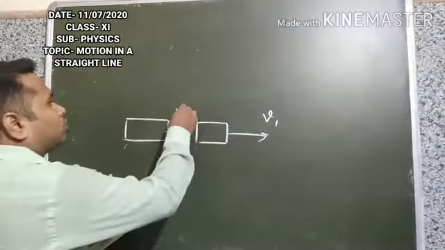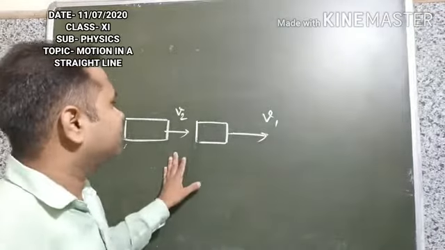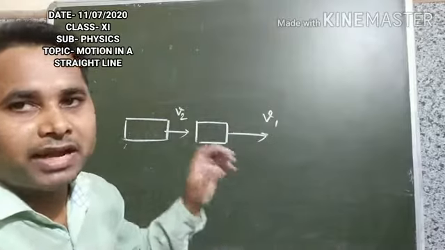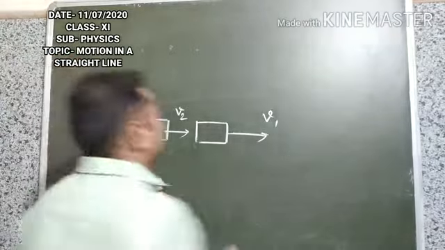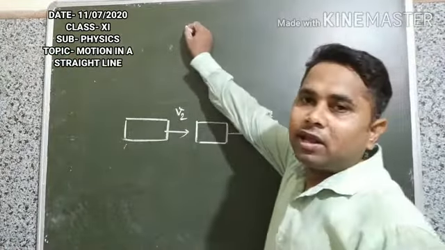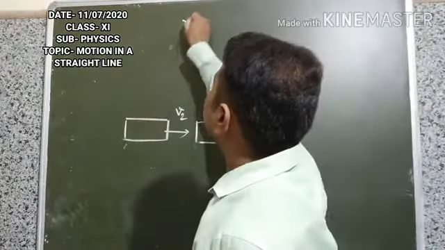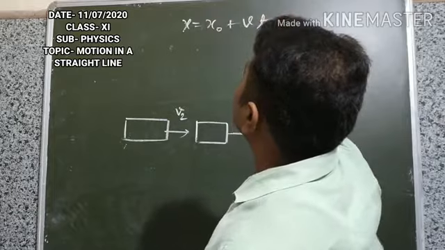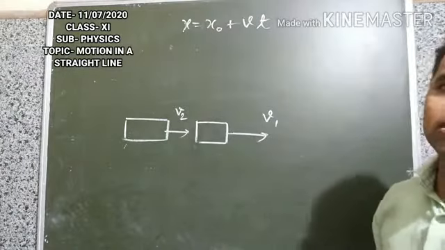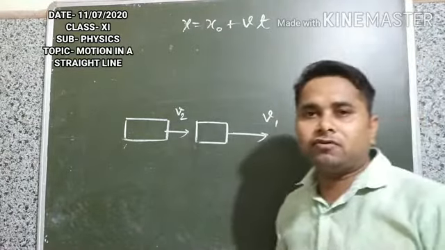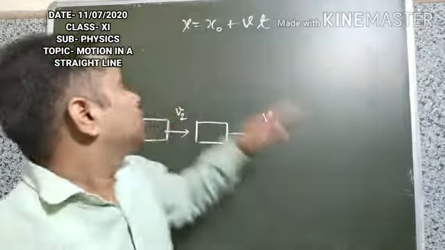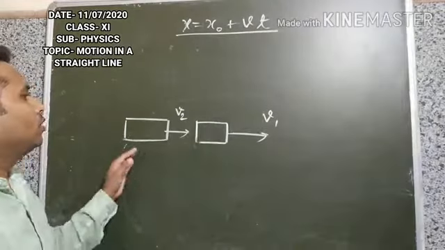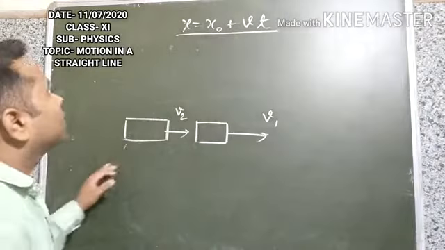I'm going to apply the kinematic equation. I am writing here x equals x0 plus vt. We have discussed this relation. This is called the kinematic equation for uniform motion. So let's apply this equation to both of these objects.